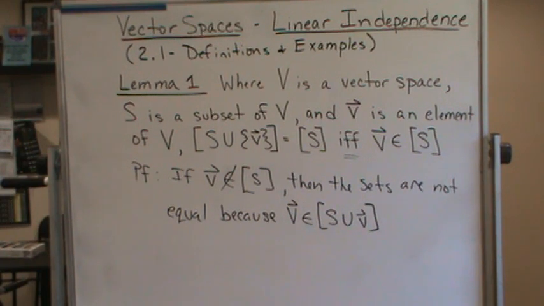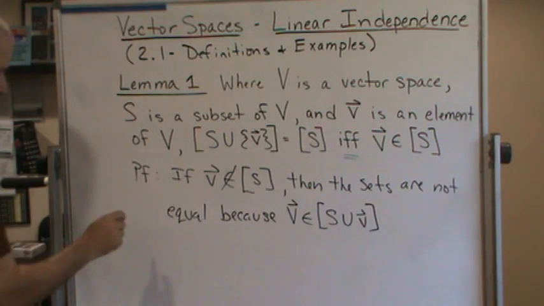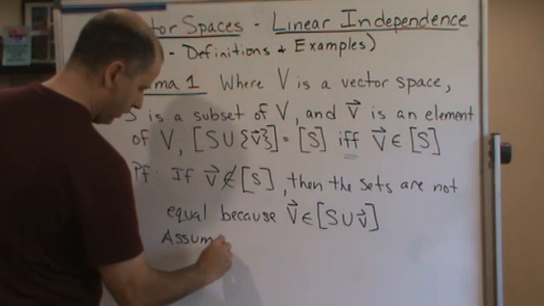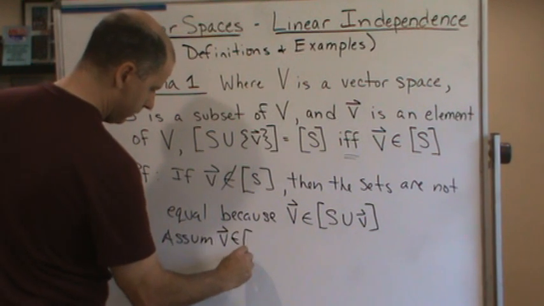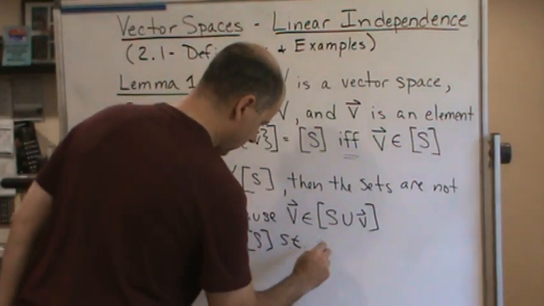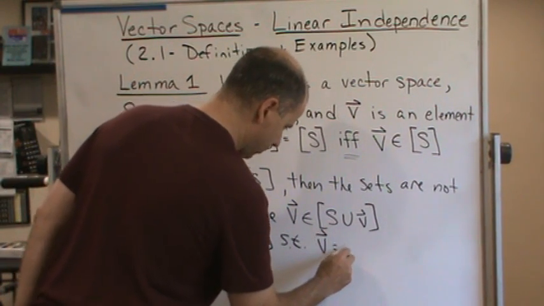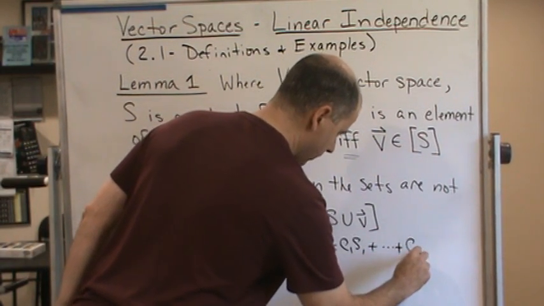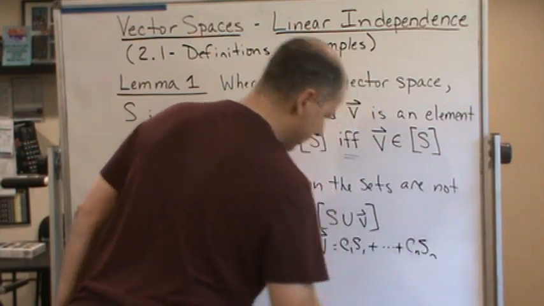Okay, so now, what about the other half of the proof? Let's assume the vector v is an element in the span of S, so that vector v is equal to c1 s1 plus all the way to cn sn.